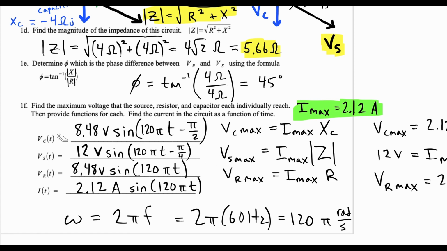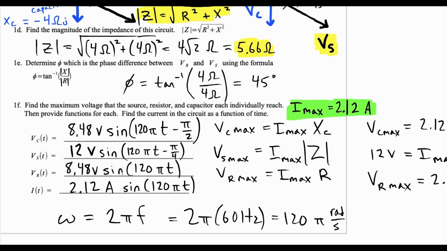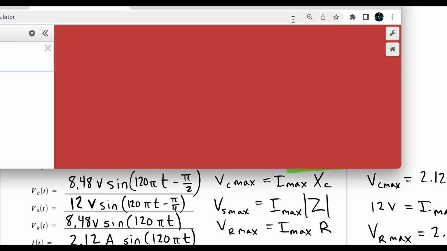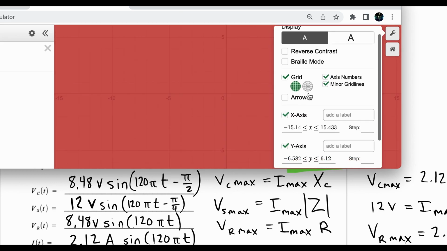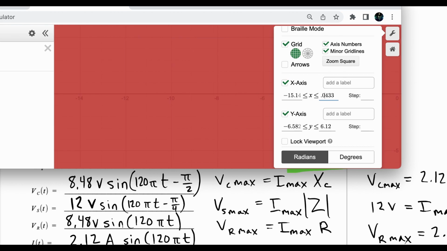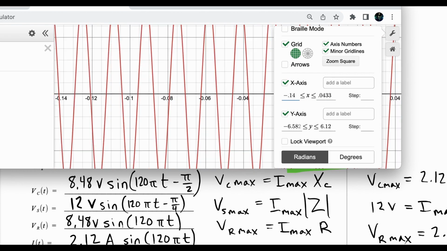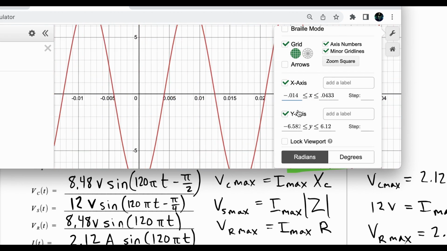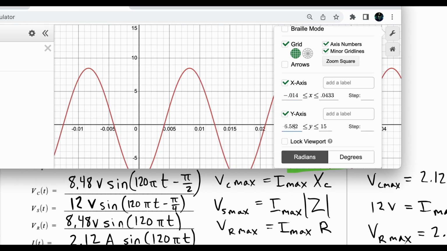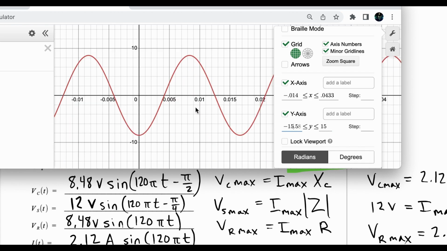Just plot them in Desmos and see what they look like. Okay, we're going to have to really rescale so that we can see better. I'm going to zoom way in on the time axis. Okay, let's change this to, say, 15 volts, negative 15 volts.